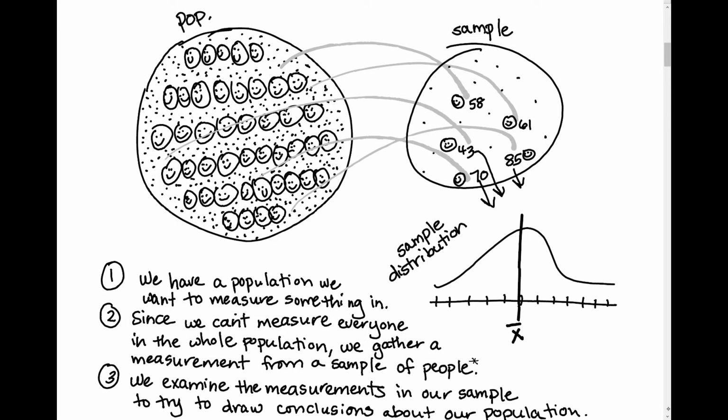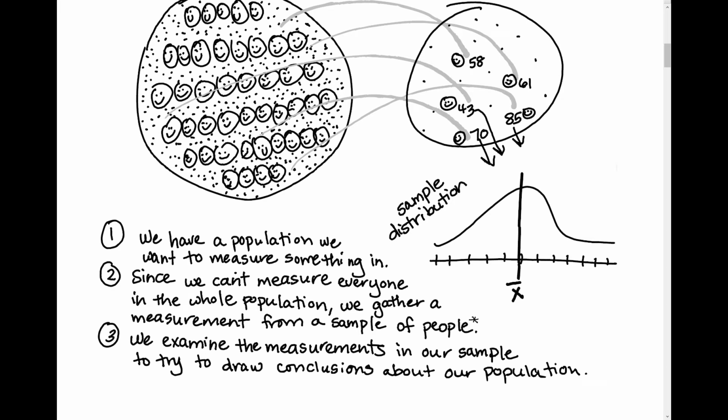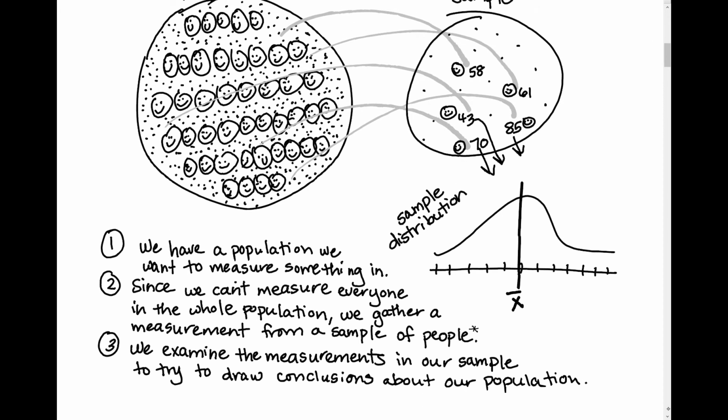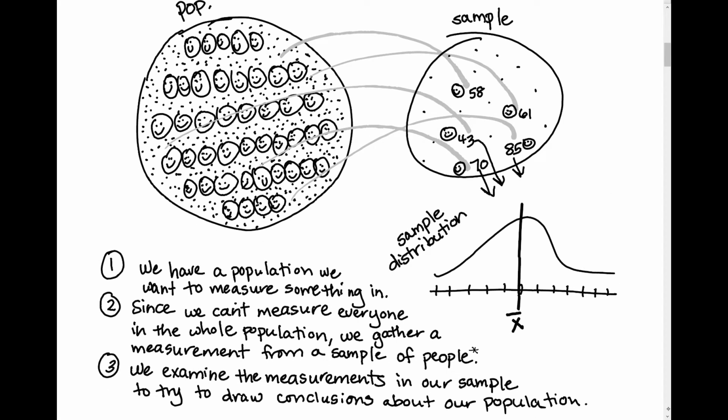Now, once we have that sample gathered and we have the measurements for all those people, since we're talking behavioral sciences, we're usually talking people. Once we have all those measurements, then we can look at the measurements that we got in our sample, and then, like I said, try to draw some conclusions about our population.